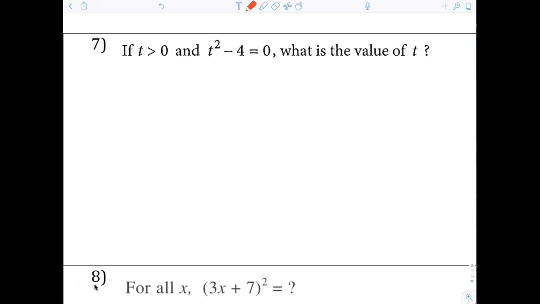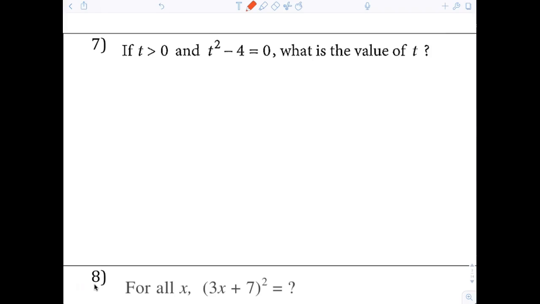Number 7. That should be just the answer. Please take a look at it. I'm going to walk around the room, and I want you to write down what you think the answer is. Come on, think it through. What does that say right there?